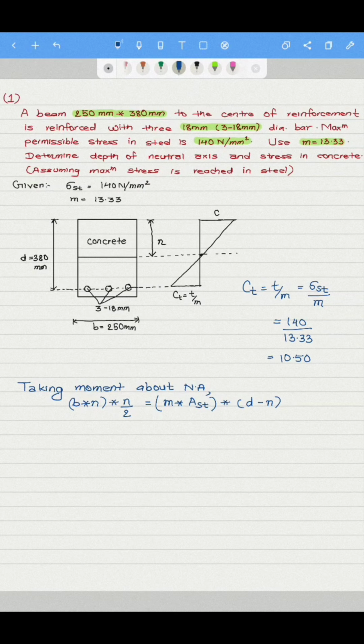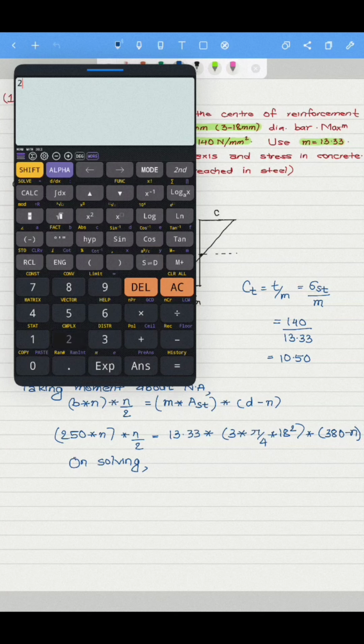So what we can write here is 250 into N by 2 equals 13.33 into 3 times pi by 4 into d square, that is 18 square, into 380 minus N. Three bars, all of 18 mm diameter.